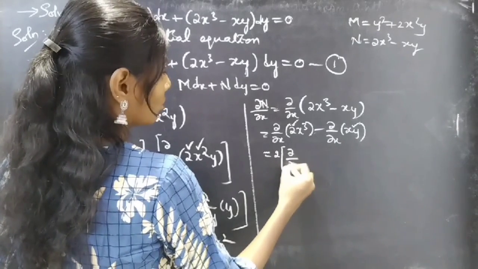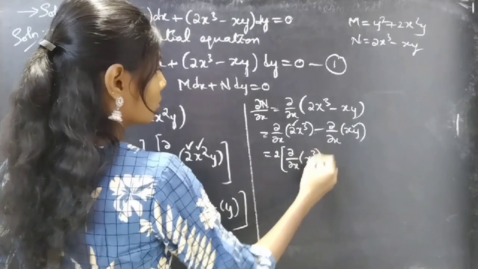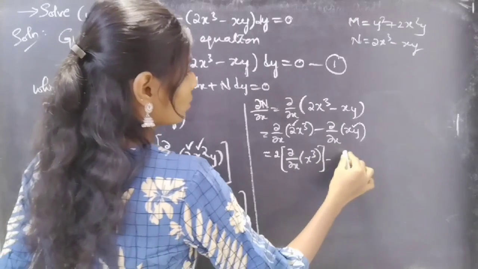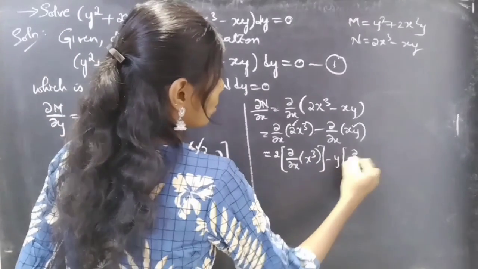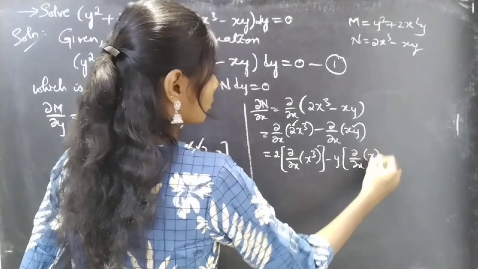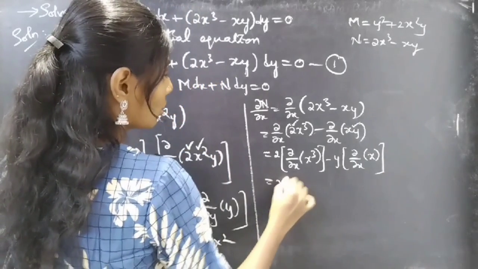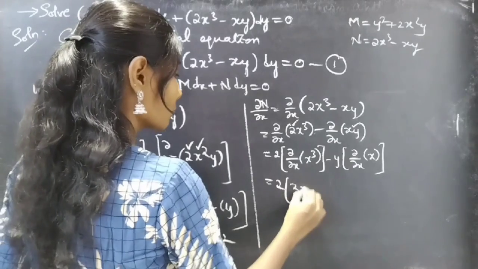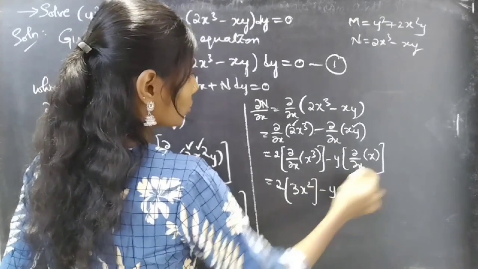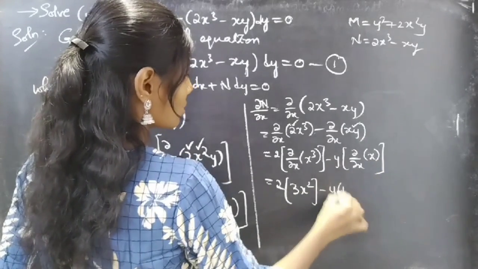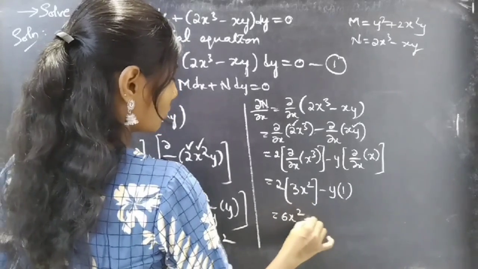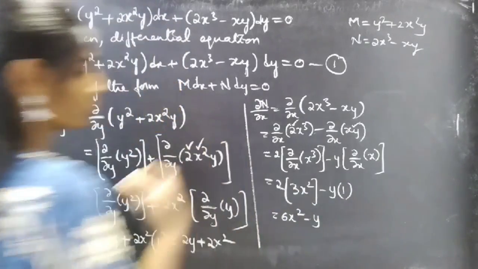We get 2 times the partial derivative of x³ minus y times the partial derivative of x, which gives us 2 times 3x² minus y times 1, which gives us 6x² - y, right?